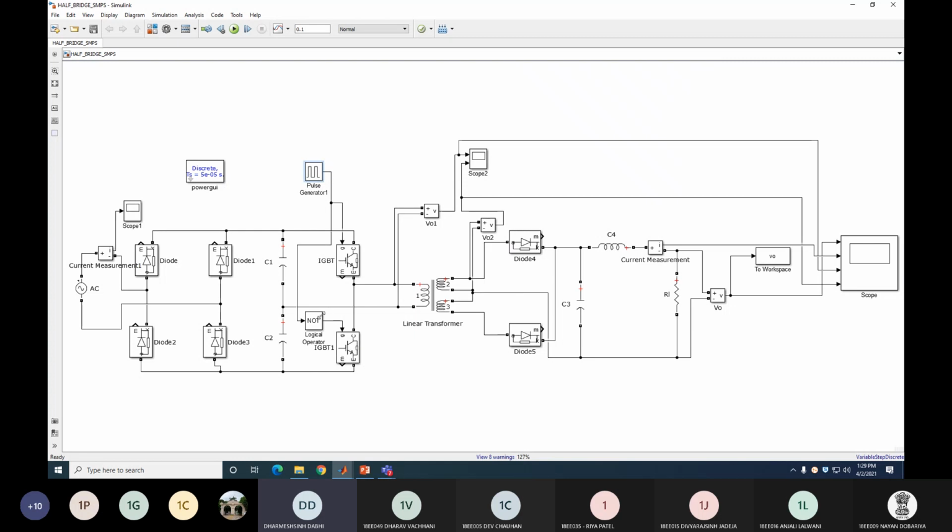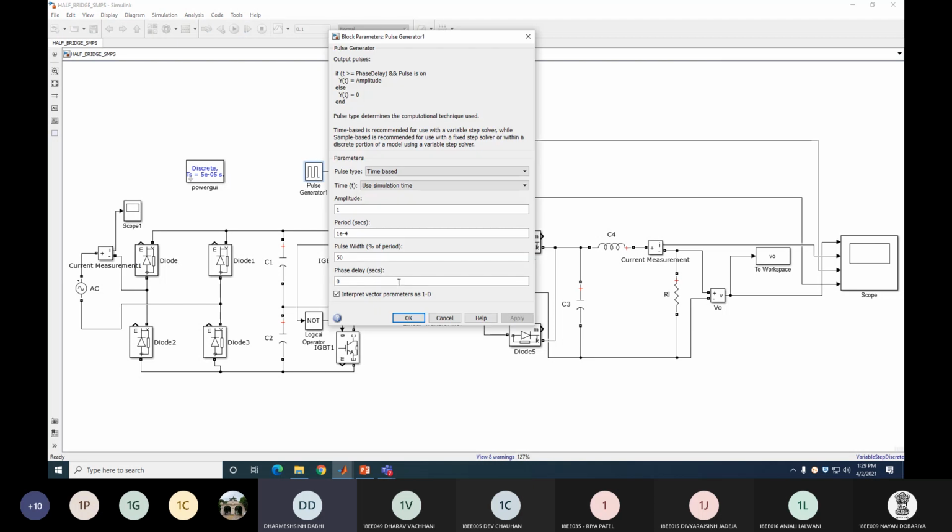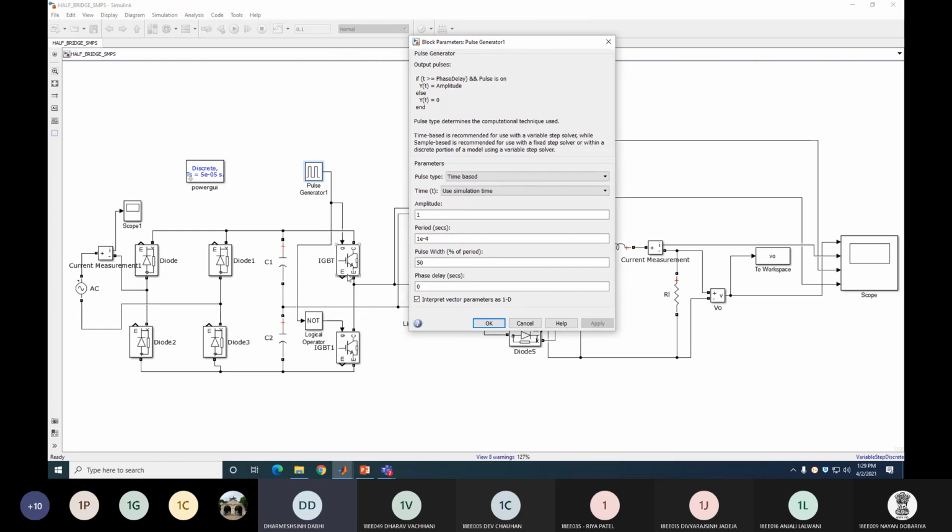And when the output is 0, the logical operator inverts it and converts it to 1. It will turn on when IGBT 1 is in the off condition. IGBT 1 is off after the first half of the period. In the first half, with 0 delay, this one is on, and in the second half this IGBT will be on.